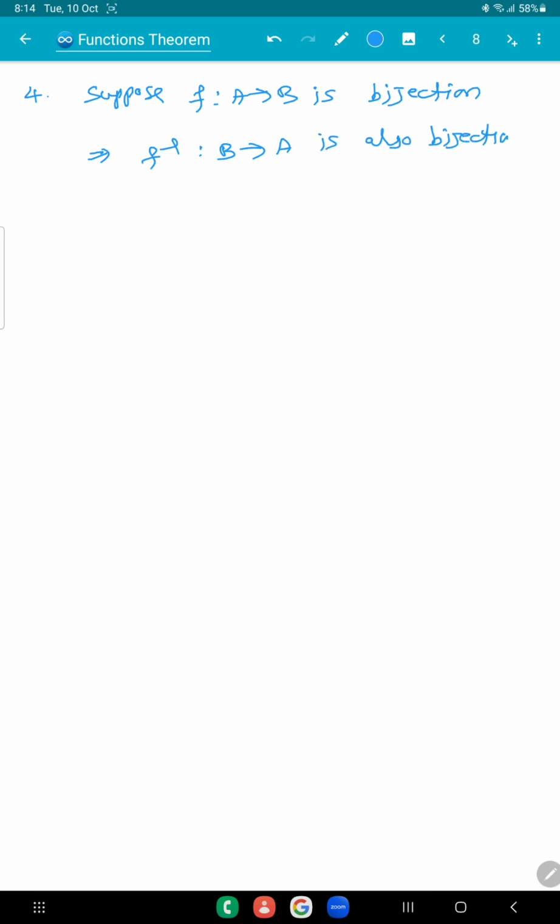Given that F from A to B is a bijection, that implies that F inverse from B to A is also a bijection. If a function is bijective, then its inverse is also bijective.